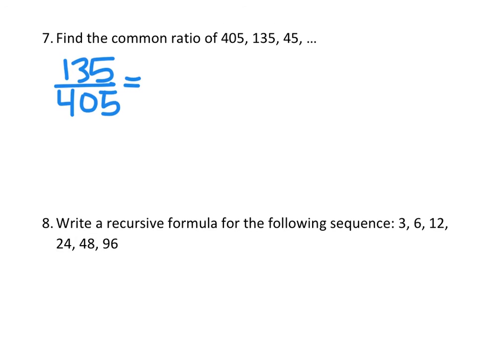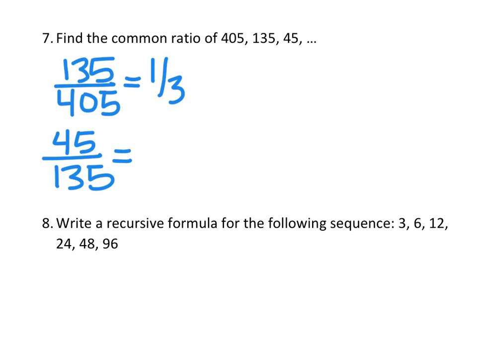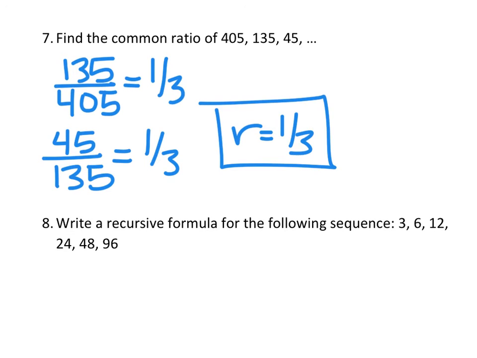So 135 divided by 405, Math Enter Enter, you should get 1/3. And let's check the next set. The third term divided by the second term, Math Enter Enter, is 1/3. So our r is 1/3. It's a geometric sequence.